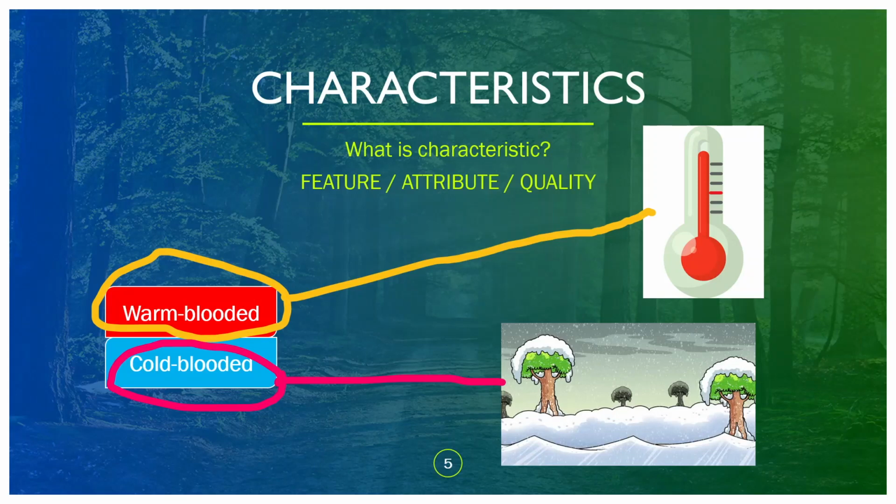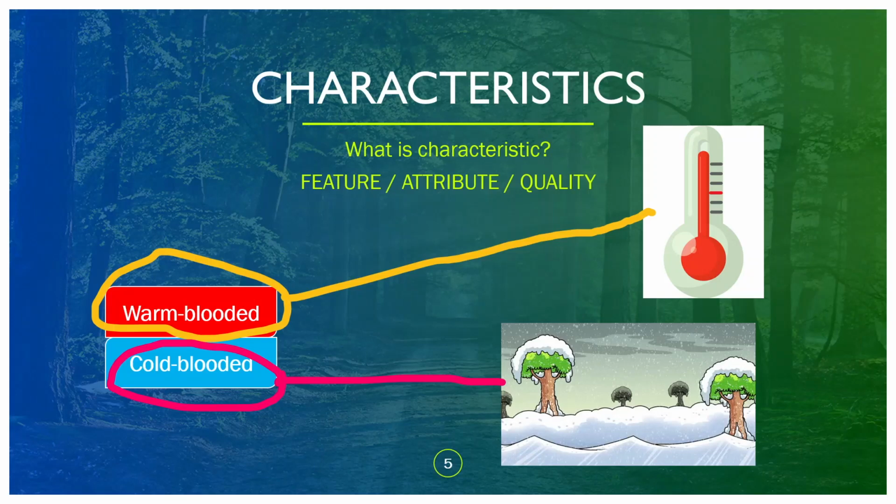Actually, warm-blooded does not mean the blood is warm or hot, but the meaning behind warm-blooded is that they can generate their own body heat. Their body heat will remain constant all the time, like us. Like us humans, our temperature will stay the same.